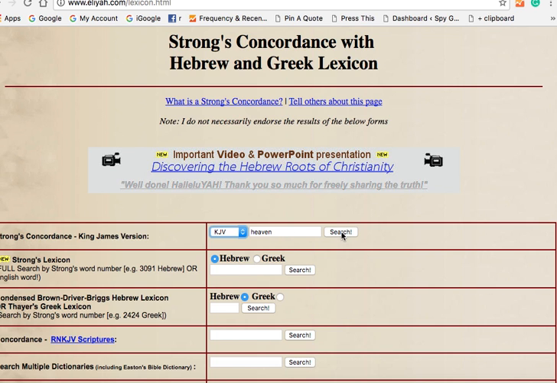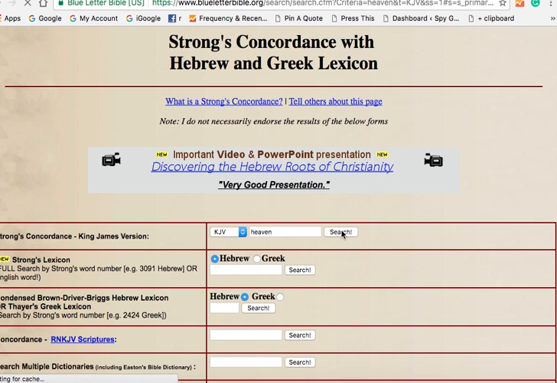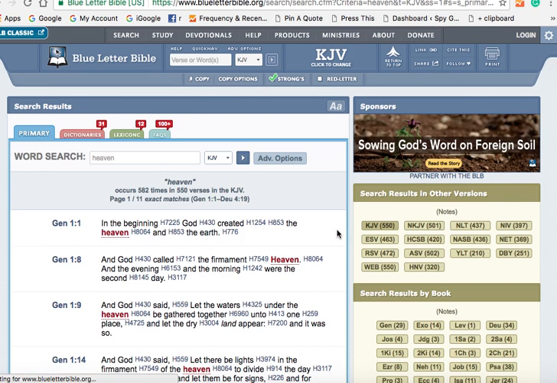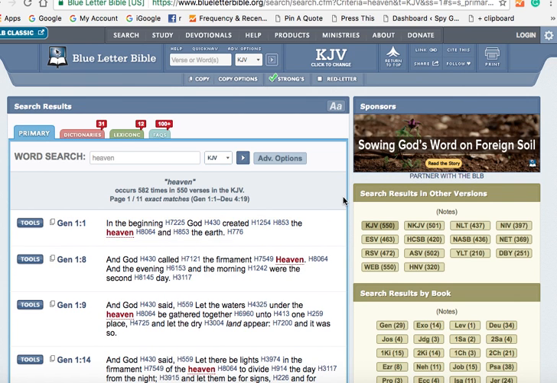Okay, so we have this first word, heaven, and we're going to hit search, and it comes up with all the verses that contain the word heaven, from the Old Testament, or the Hebrew writings, to the New Testament, which is the Greek writings.